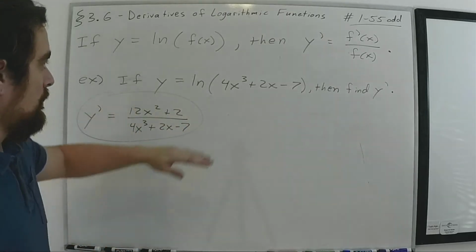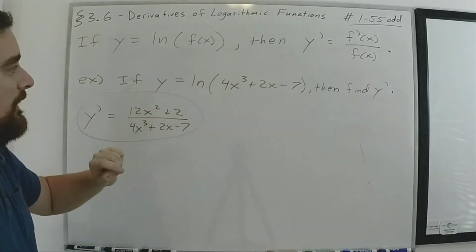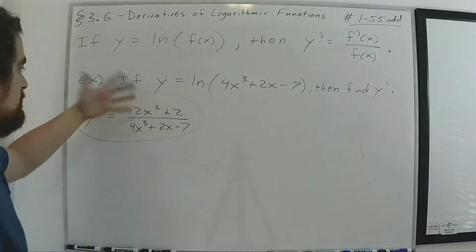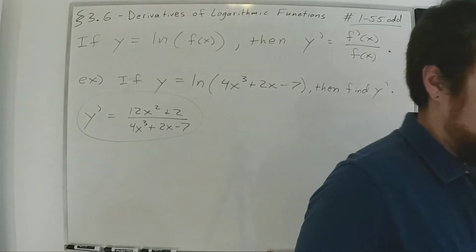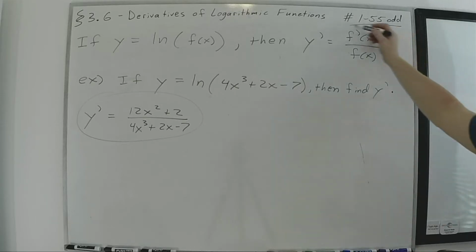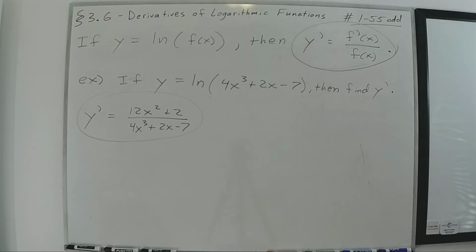So essentially, we're looking at the ratio 1 over the inside, but then having chain rule kick in and multiply by 12x squared plus 2. If I'm going to multiply by it, I might as well just put it in the numerator to save space. So that is our derivative using chain rule, but using it very quickly because it's just a little bit faster to write it out as one ratio.